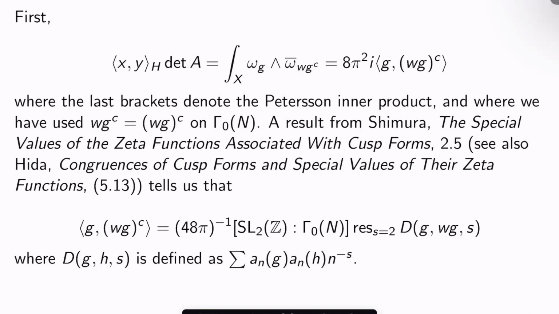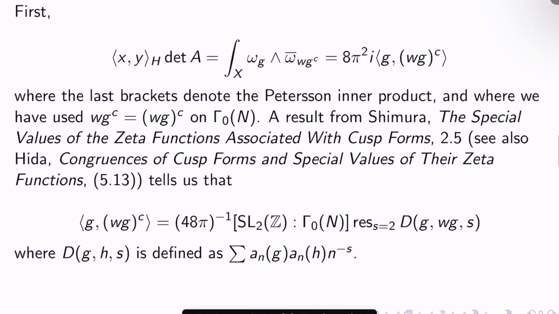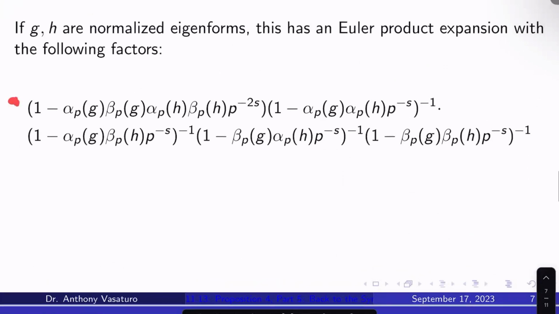It's the sum of the a sub n of g's times the a sub n of h's, so g and h are cusp forms here, times n to the negative s. So it's kind of a little Dirichlet series over 2 different cusp forms. Okay. So if G and H are normalized eigenforms, you can actually just compute the Euler product expansion of this guy. And here's what you get here, the factors. They're kind of big, so get ready.